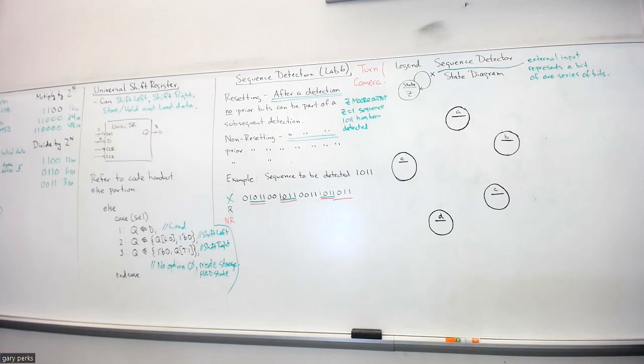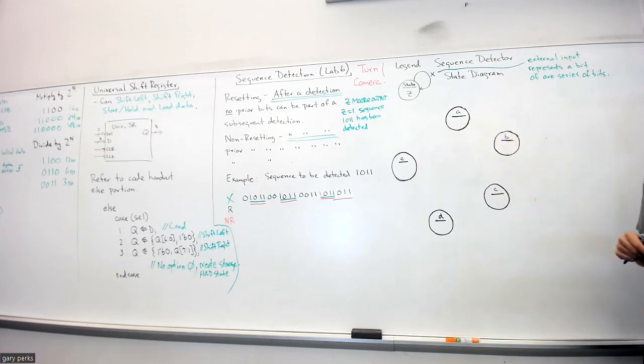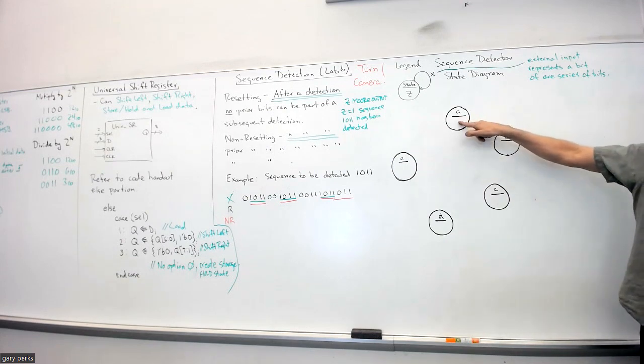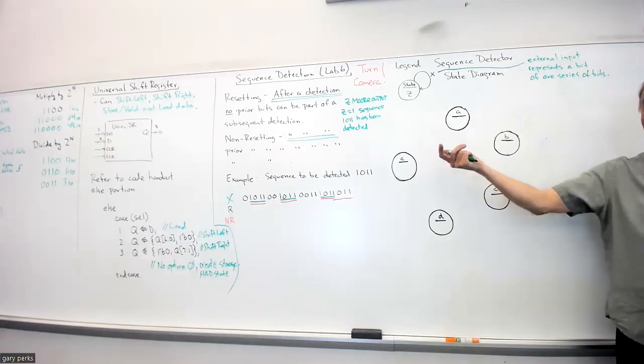All right. So let's go ahead and create this state diagram. State A is going to be my first state. That's where we're going to start. Since we're starting at this state, I don't have a sequence yet, obviously, because I haven't started.